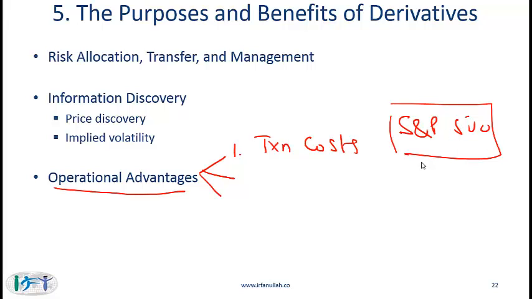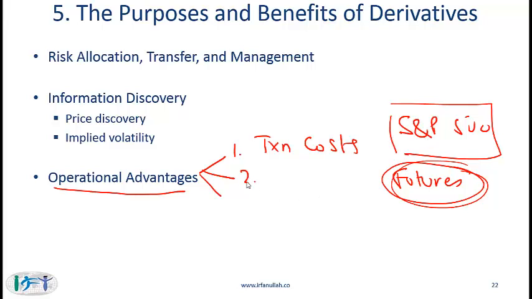The other strategy might be to take a long position in a futures contract which is based on the S&P 500. Typically, this strategy of taking a long position in a futures contract is much more cost effective than going and buying shares in a fund which are based on the S&P 500. And both the futures contract and the fund will give you the same sort of exposure.